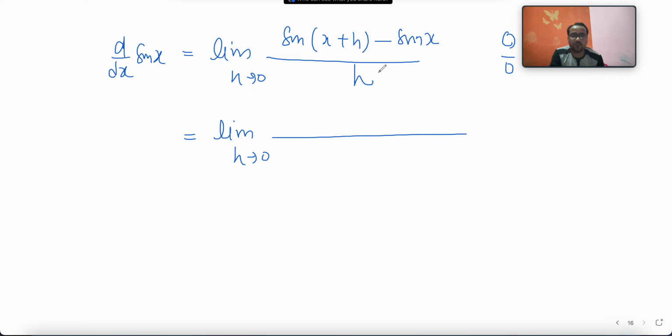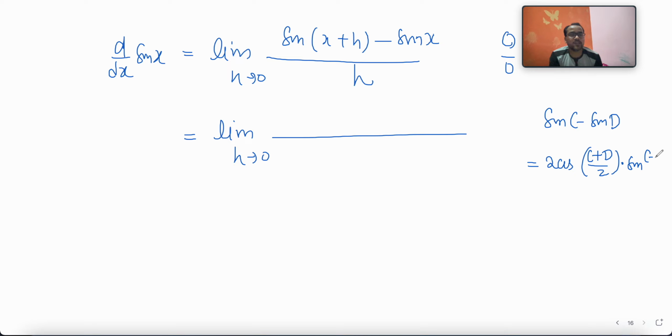But here, before doing so, we would use some trigonometric identity here. So one of the trigonometric identity of sin c minus sin d, you know, sin c minus sin d is equal to 2 cos (c plus d) upon 2 into sin (c minus d) by 2.